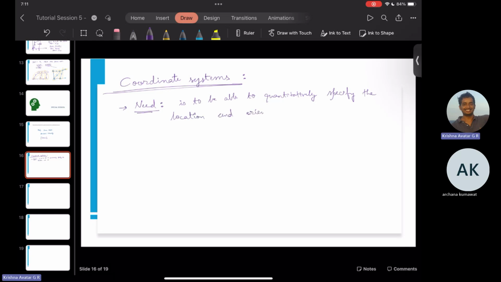These are the two words I have been using frequently here, of any body. So this is the need actually.